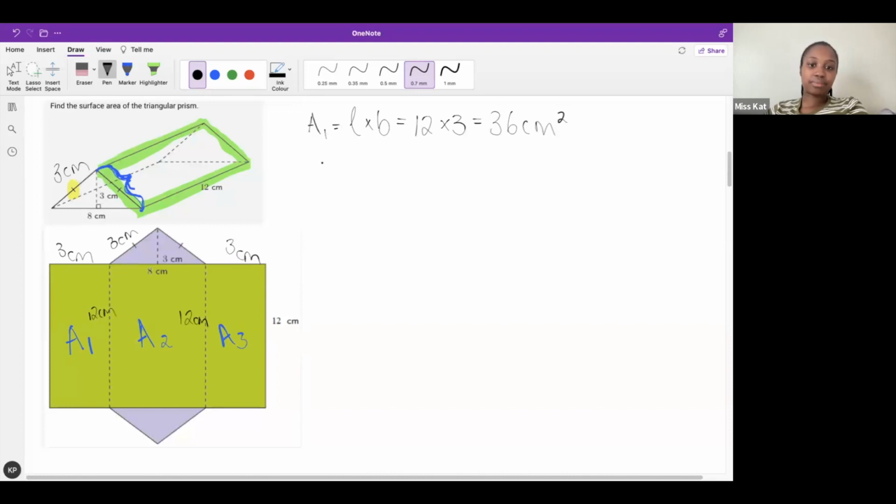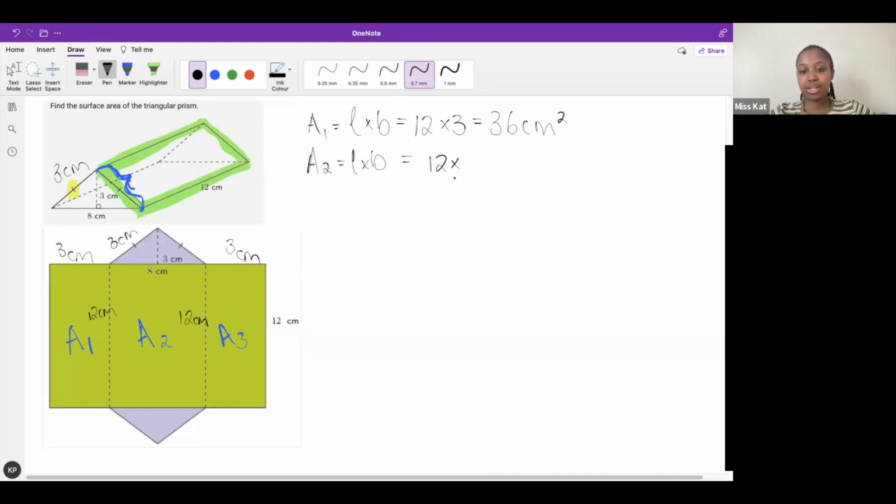I've done area 1. Now I have area 2. It is still a rectangle, so length times breadth. This time, I want you guys to tell me what the length and breadth are. What's the length of area 2? I'm on the shape in the middle. Area 2, length 12 still. Thank you, Nikita.